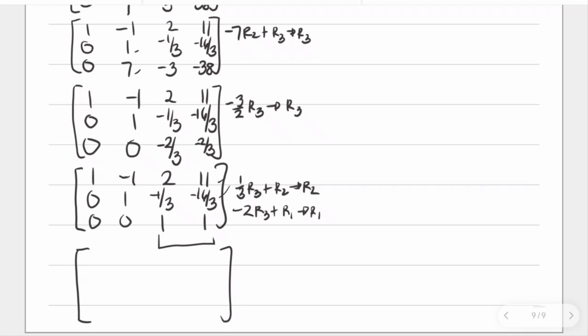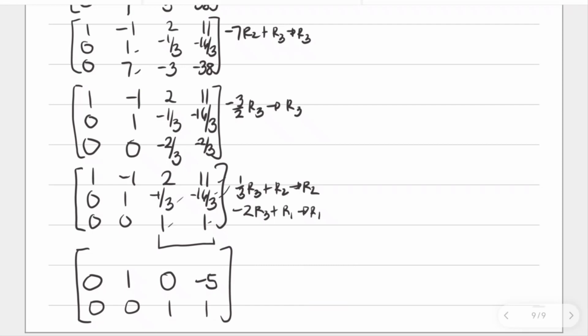Since it's the third row that I'm not manipulating, I'm going to write it immediately. This is 0. 1/3 times 0 plus 1 is still 1. Here comes the thing. 1/3 times 1 is 1/3 plus negative 1/3, 0. 1/3 times 1 is positive 1/3 plus negative 16 thirds. So that's negative 15 thirds or negative 5.